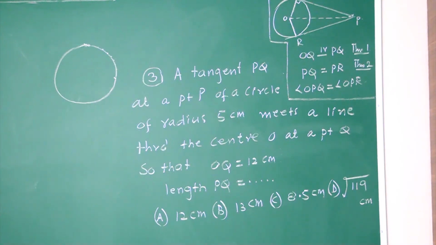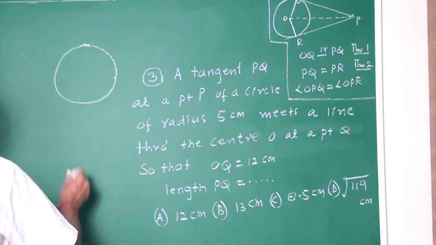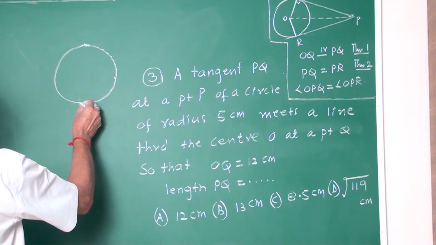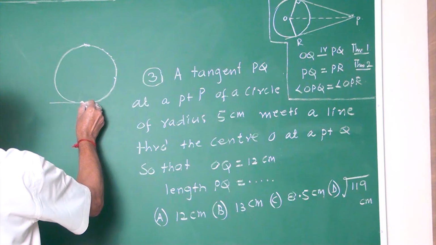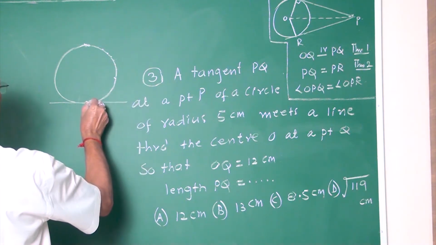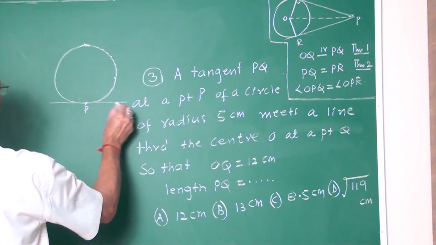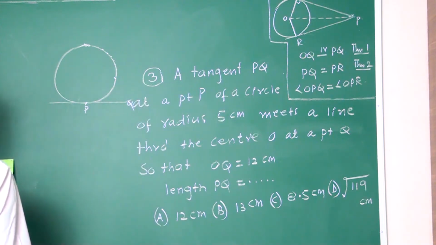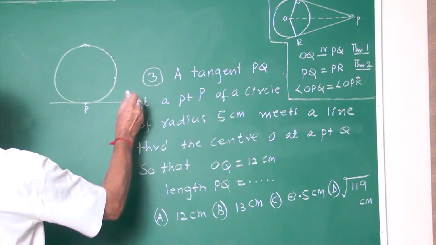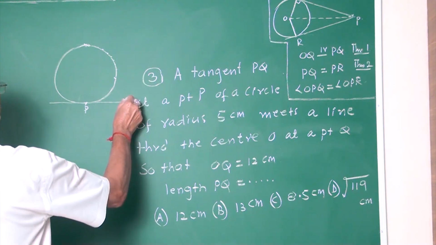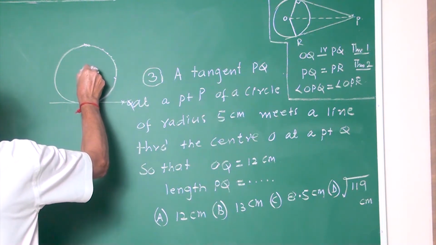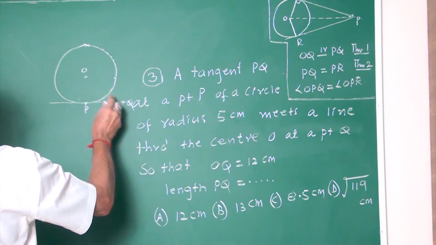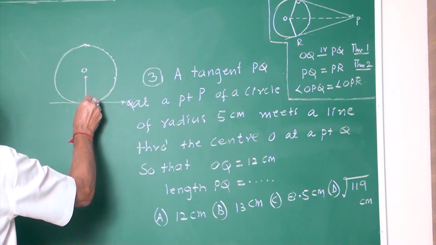Read it. A tangent PQ. Tangent is here, at the point P. This is the external point. This is point Q. This is center of the circle O. Then radius of the circle is given.